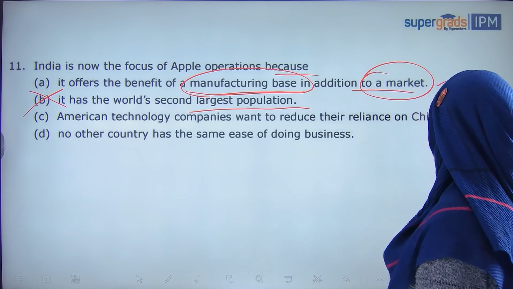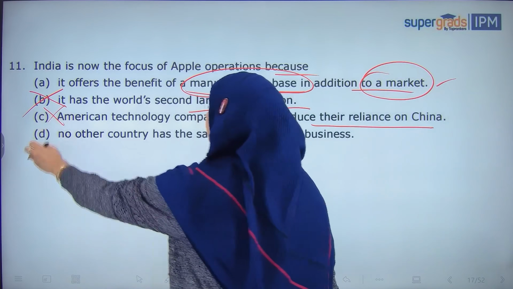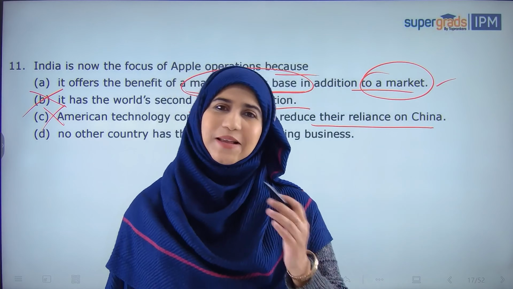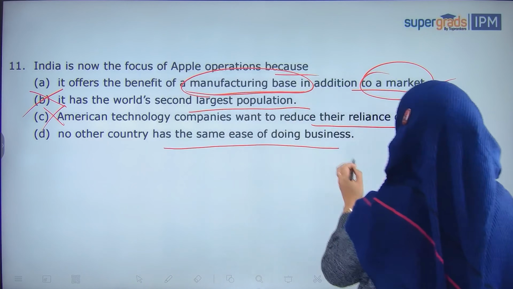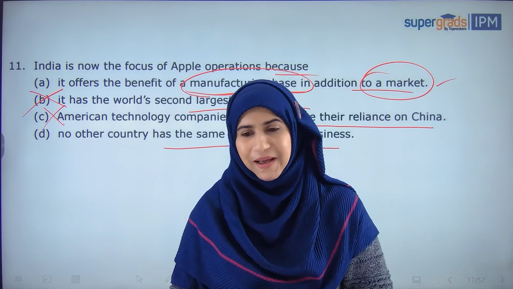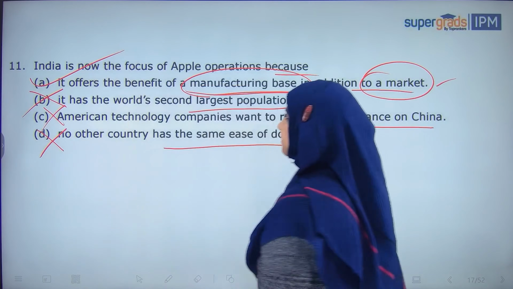American technology companies want to reduce their reliance on China, not directly stated in the passage. And reduce reliance on China, then why India? There are many other countries. So let's talk from the perspective of India. No other country has the same ease of doing business. Can't be inferred from the passage. It's not written like that. Okay. Answer definitely A.